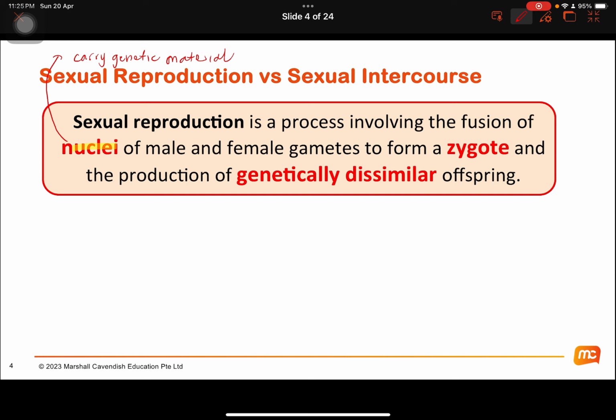And when the male and female gametes fuse together, they form a zygote, which helps to restore the normal chromosome number for proper development.